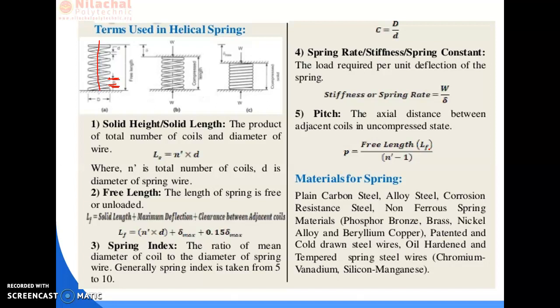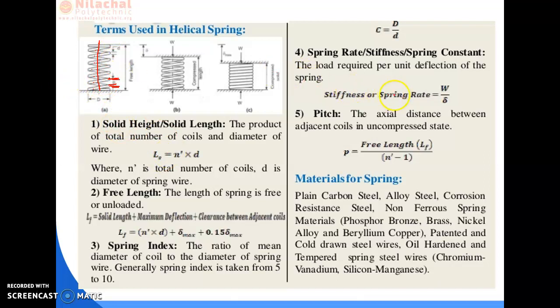N dash means the total number of coils. As shown in the figure, this is first, second, third, fourth, fifth, sixth, 7 and 8. So P is equal to free length divided by n dash minus 1.